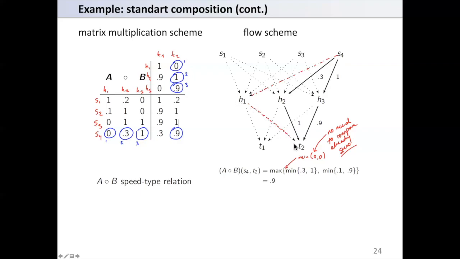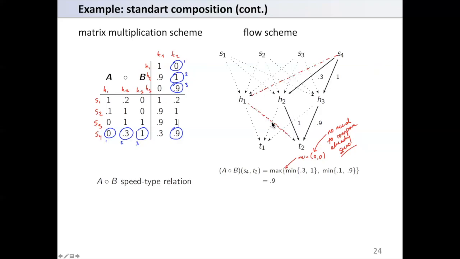And also we are considering the relation value between height 1 and T2. It is 0. Height 2 and T2, it is 1 here. And height 3 and T2, it is 0.9. For each path, we are considering the minimum.